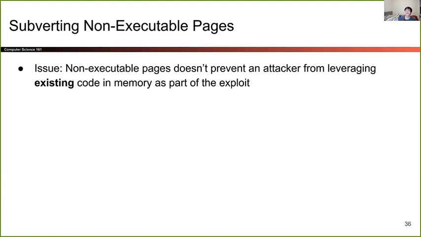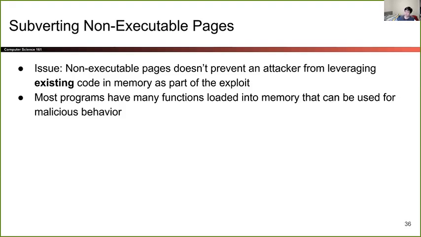All right. That's the idea in theory. And in theory, it sounds great because then the attacker doesn't have a way of writing an exploit and then executing that exploit. But it doesn't help with the idea that the attacker can still use existing code in memory. A lot of programs are going to load a lot of functions.